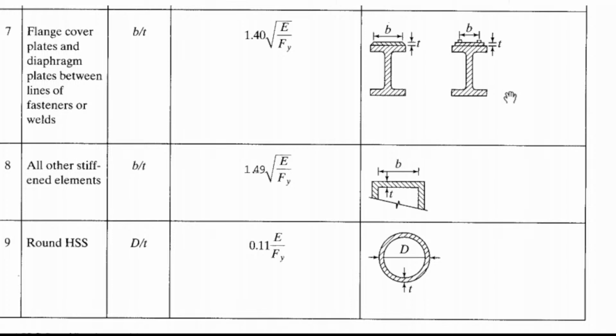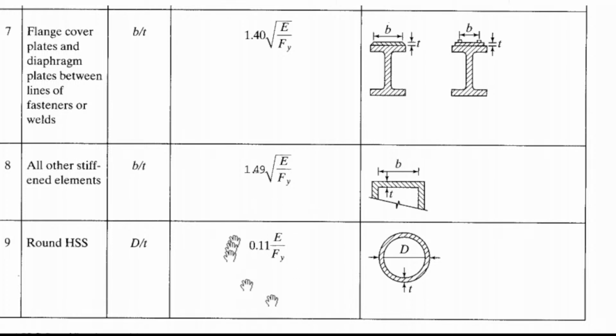Then case number 8, all other stiffened elements, like regular shapes. So b is center to center, then divide by thickness. 1.49, so this is 1.4 again, 1.49, then square root of E over Fy.